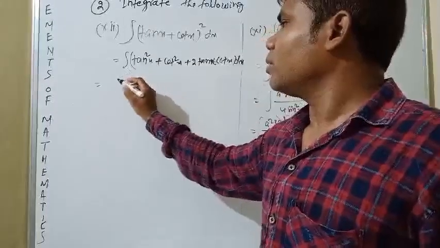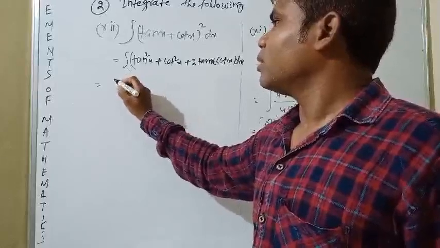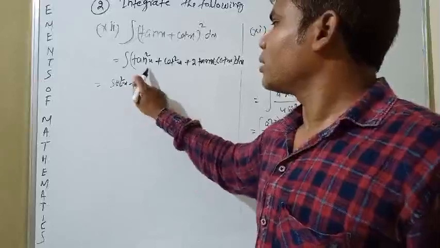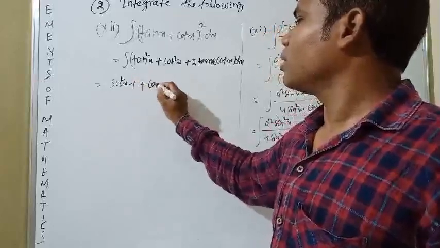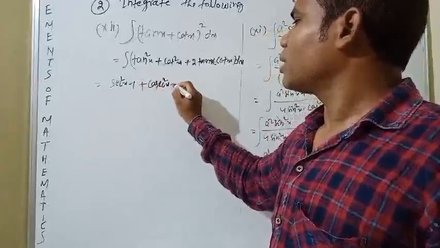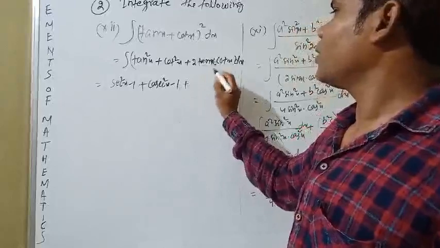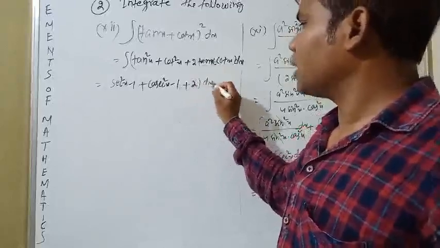Tan²x is equal to sec²x − 1, sec²x − 1 plus cot²x is equal to cosec²x − 1, plus tan x cot x will cancel out. Okay, 2 dx.